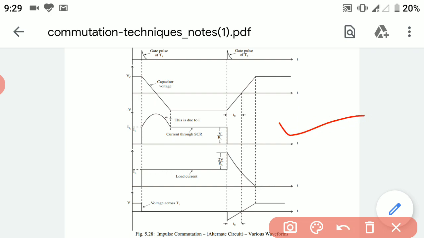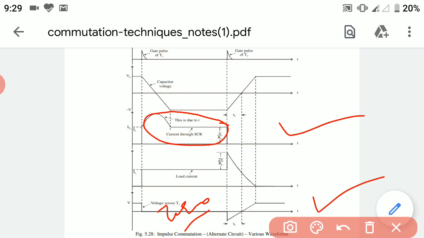Now we'll move towards the voltage waveform of thyristor T1. This is the voltage waveform. As we can see, during the conductive mode, that is when it is conducting and current is flowing, there is zero potential drop. During conductive mode, thyristor T1 offers zero resistance, that is zero voltage drop across it.